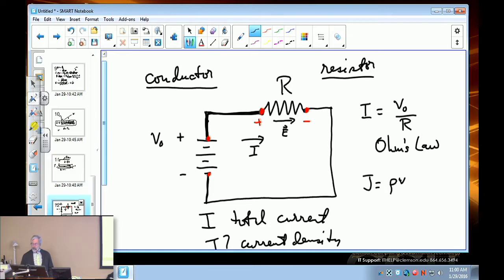So if I have positive charges moving in one direction, I get positive current. Or if I have negative charges moving in the opposite direction, I have the same positive current. So you don't know. And it depends on the materials involved, whether I'm actually getting current flowing here because of positive charges moving in one direction or negative charges moving in the opposite direction. In metals like copper, it's actually negative charges that are mobile.